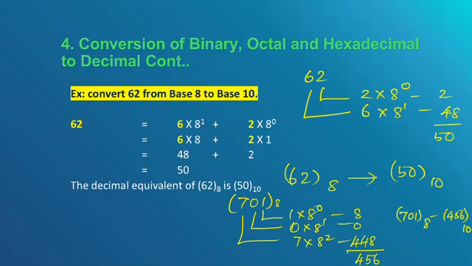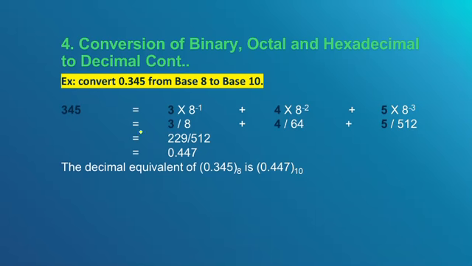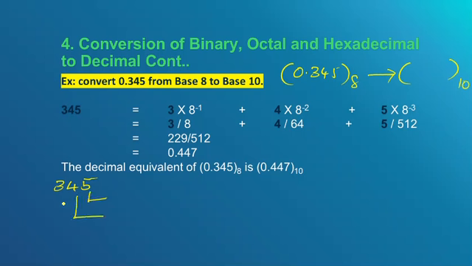So let us see how the fractional part is done in the octal system. 0.345 to the base of 8 has to be converted to the base of 10. Okay, so how do we do it? So I will write 345. It's a fractional part. So 3 4 5. If it is a fractional part, you have to start the position value from the bottom to top.